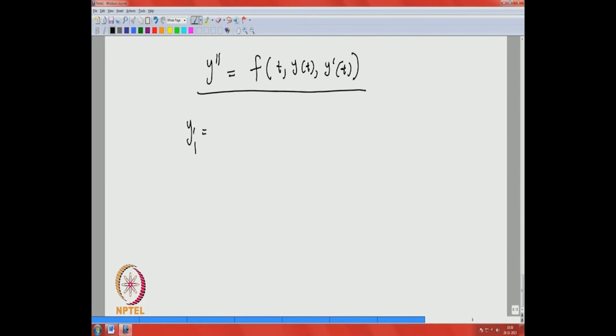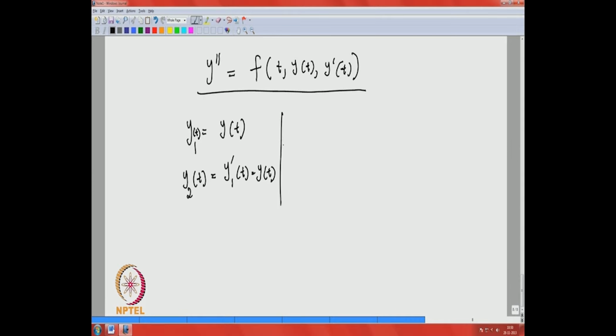I will put y1 of t equal to y of t, and introduce another variable, so two dependent variables: y1, which is nothing but y, and y2, which is nothing but y1 prime of t.